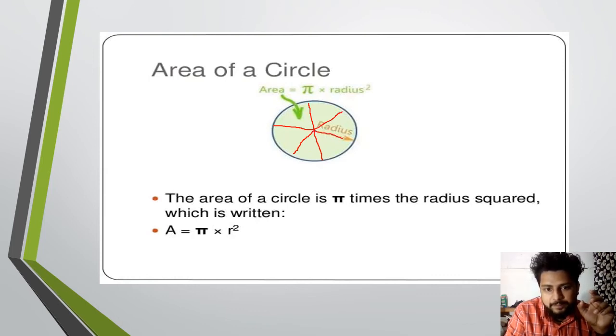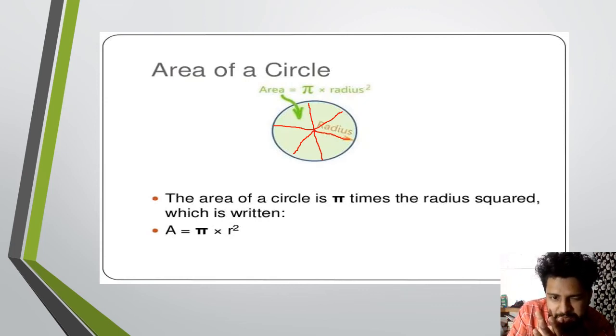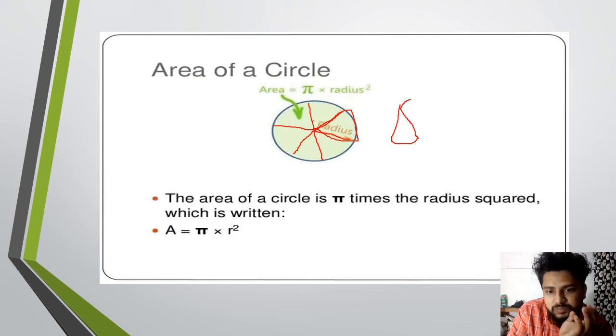We are trying to arrange these pizza slices in one line. We put this slice, this slice, and arrange them here.